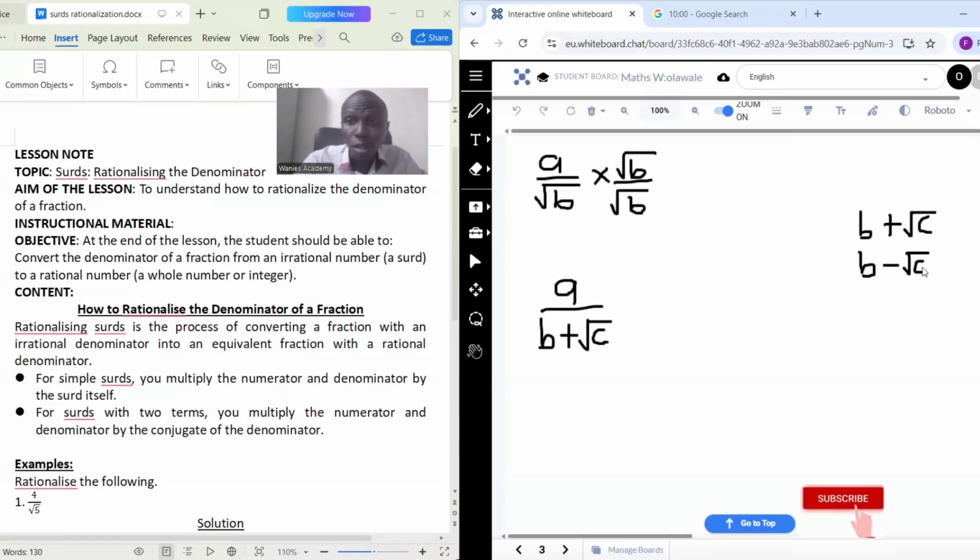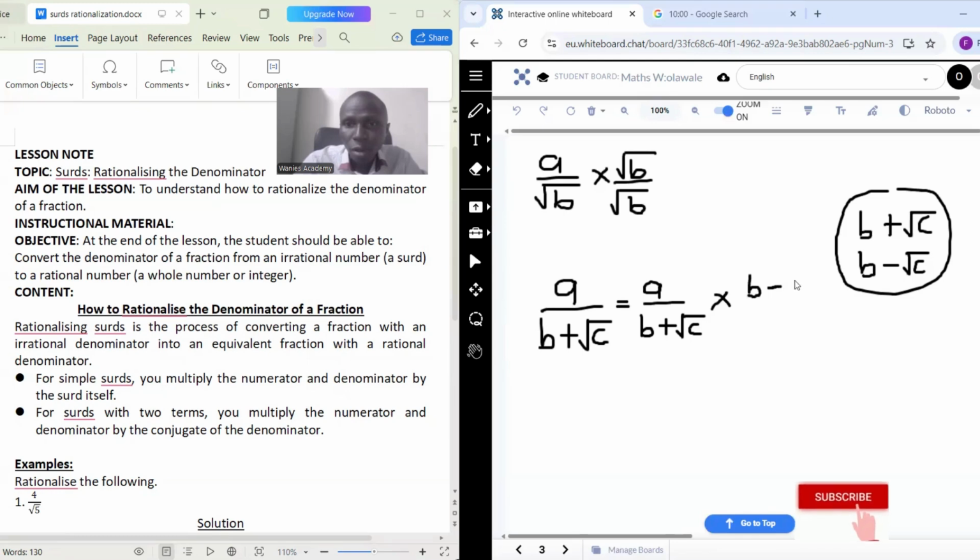If it is minus, it will be plus, and if it is plus, it will be minus. So this is the conjugate. So we now have a over b plus square root of c, multiplying it by b minus the square root of c, which is the conjugate. We also multiply the denominator by b minus the square root of c.